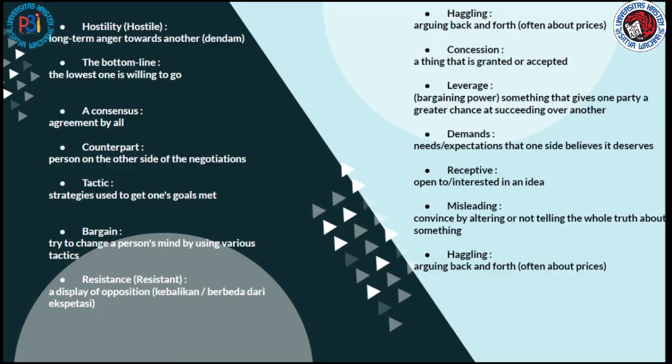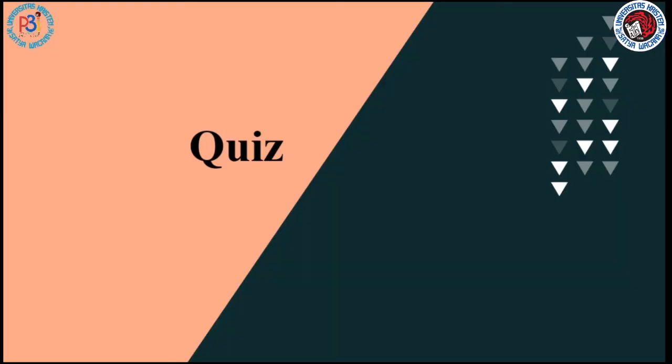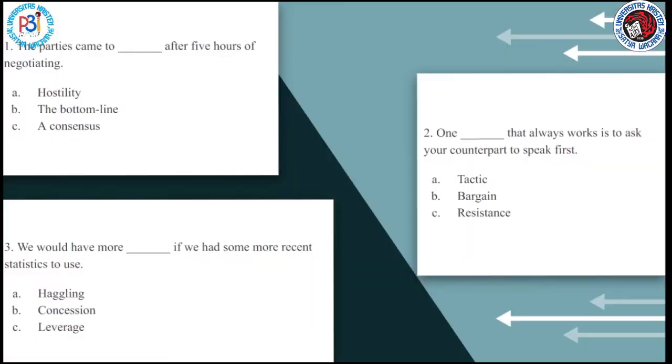Okay, so we will start the quiz. Number 1, the parties came to blah blah blah after 5 hours of negotiating. Number 2, one blah blah blah that always works is to ask your counterpart to speak first.